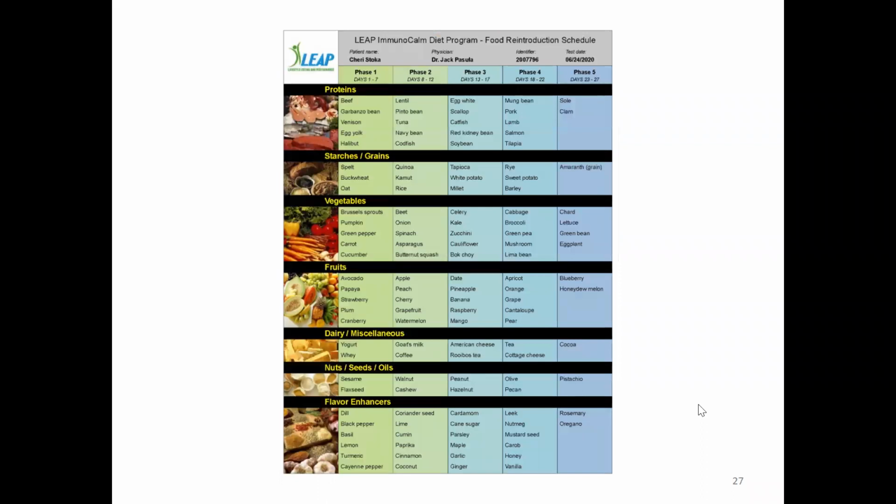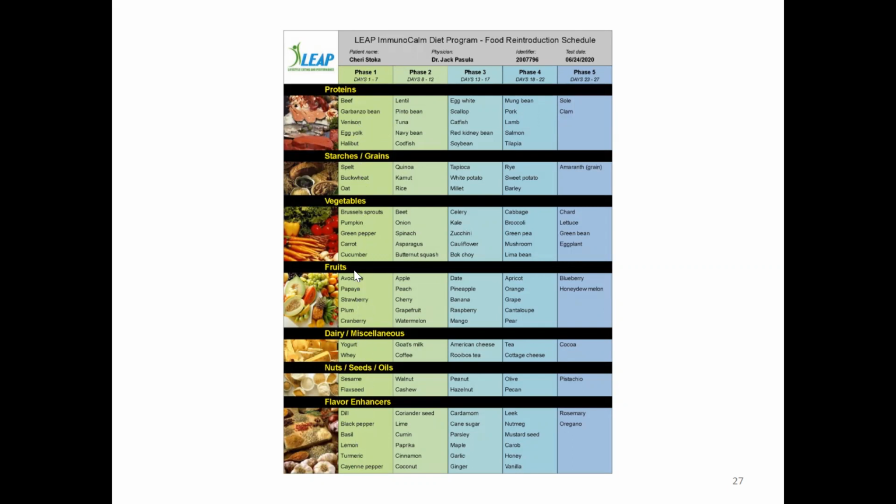So another nice thing about the MRT test is that you will be given a very structured plan that includes 5 different phases. And essentially in each phase, you are going to be eating the foods that are laid out for you exactly as they look right here. So phase 1, for the first 7 days, I would only be eating these foods.